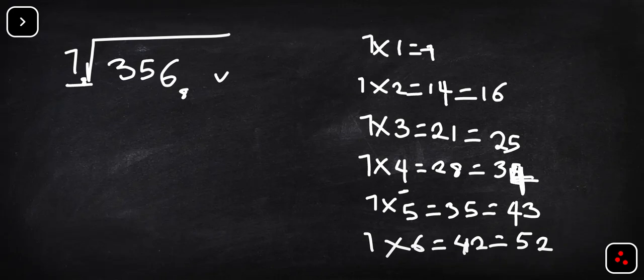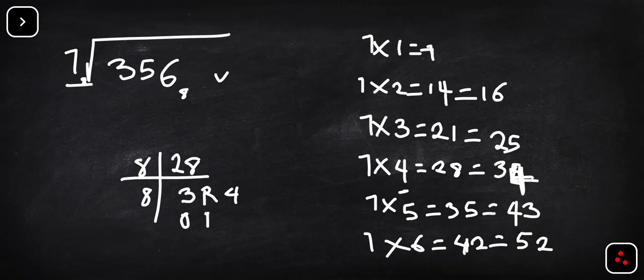So basically 7 times 4 is 28, and let's confirm that. If we check 28 in base 8, 8 into 28 is going to be 3 remainder 4. Then we have 8 into 3 is 0 remainder 3. So it's going to be 3, 4.